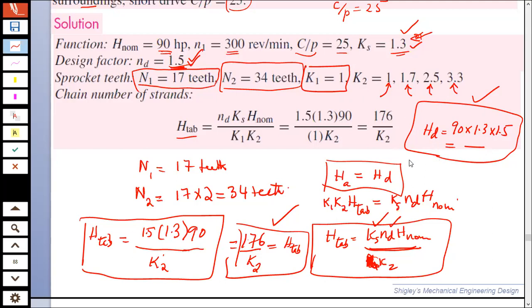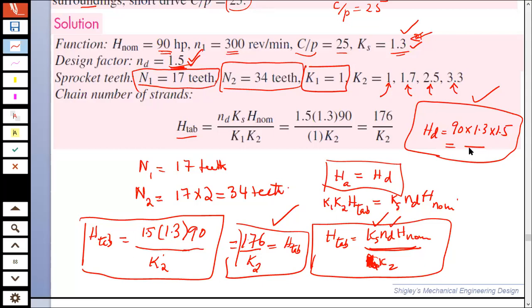an engineer, you can go and look at different chains, there are multiple chains that can transmit this horsepower. If you want to calculate this, how much does this come out to be? It's 90 multiplied by 1.3 multiplied by 1.5.